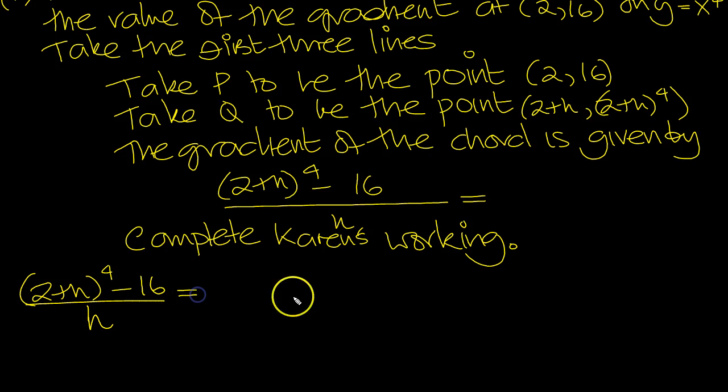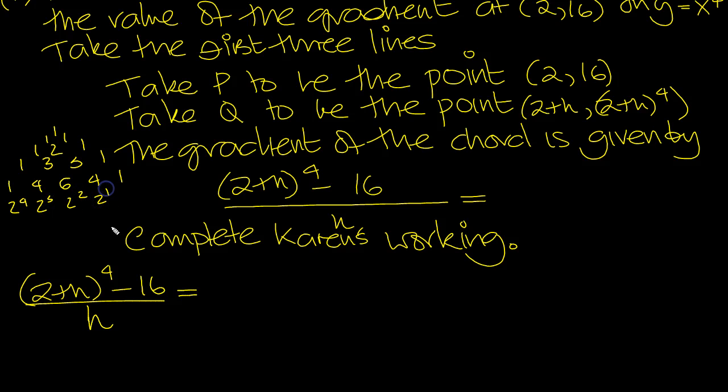which equals, now this fourth power, I better do Pascal's. I'll do it here, 1, 1, 1, 1, 2, 1, 1, 3, 3, 1, 1, 4, 6, 4, 1. There's the fourth line. It's 2 to the 4, and 2 cubed, 2 squared, and 2 to the 1. And then the h to the 4 descends the other way in terms of its power.